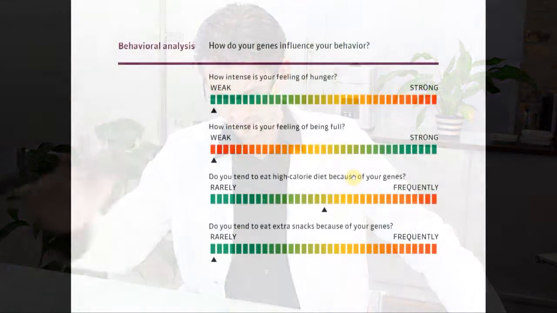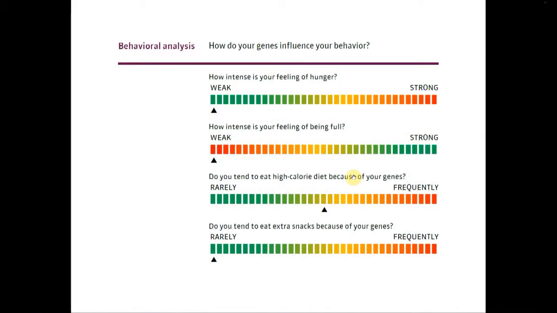And genetic variations are the cause of this difference. So what we're going to find here, you might have observed this yourself. If your arrow is here, it means you have a weak feeling of hunger. Long periods without food are usually not a problem. If your arrow is here, you tend to be more hungry than other people, and longer periods of not eating anything might be more of a problem for you.